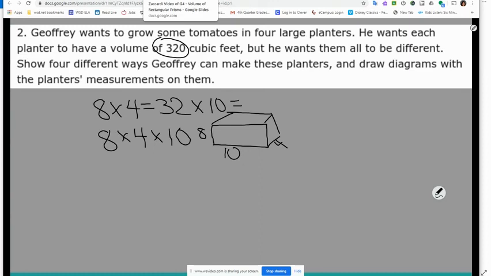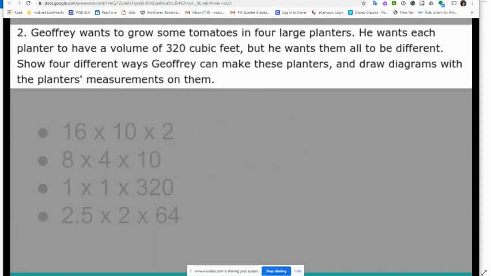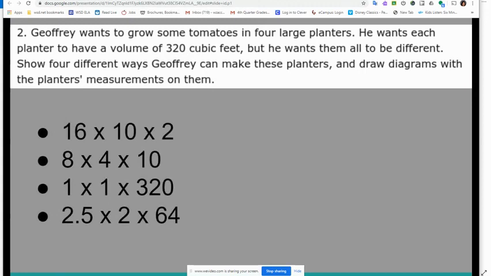So pause the video and see what you come up with. Okay, here are some examples of different ways to come up with 320. There's also more numbers. So if you have different numbers and the answer is 320, then you were correct.